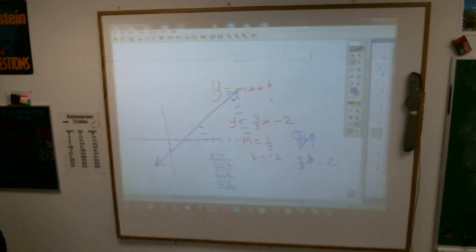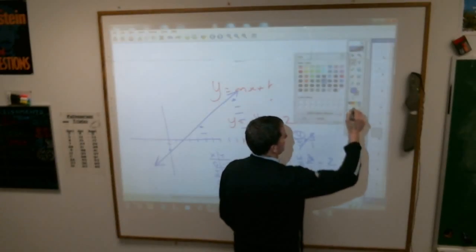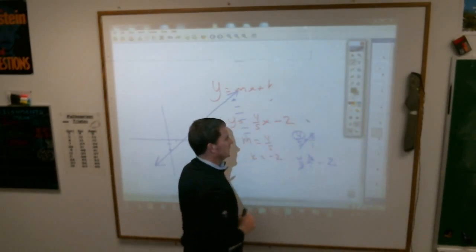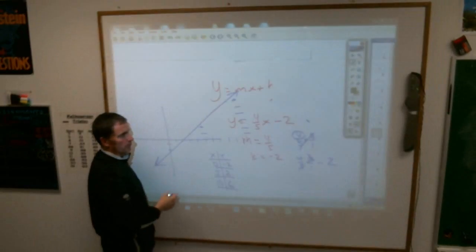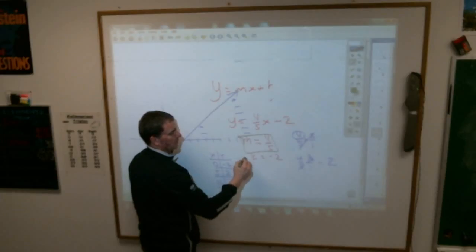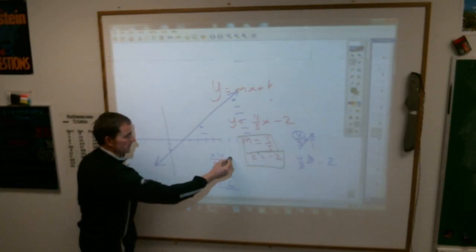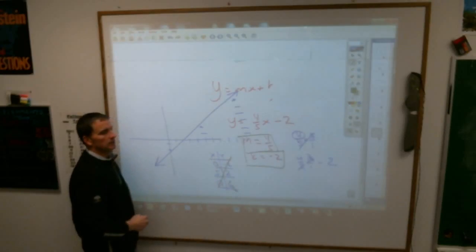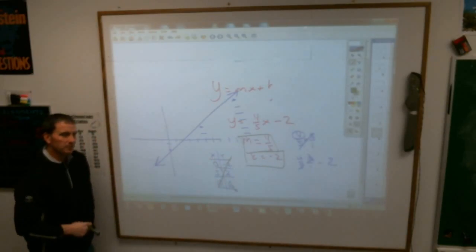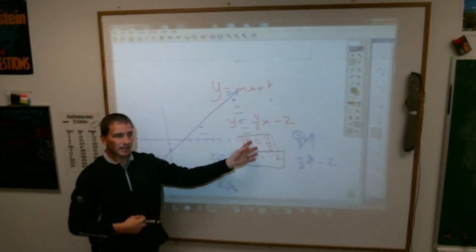Well, children, your life is about to be changed for the good. When you are given an equation in slope-intercept form, which this is, and you know the slope and you know the y-intercept, you don't need to do this. Okay? Why? Because you're given enough information right here to make that same line.